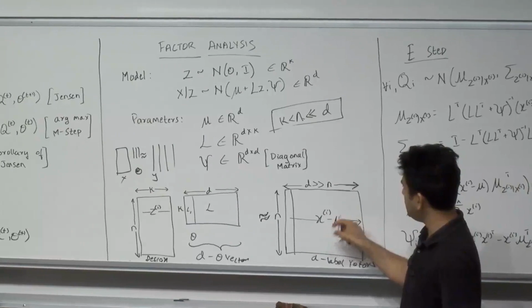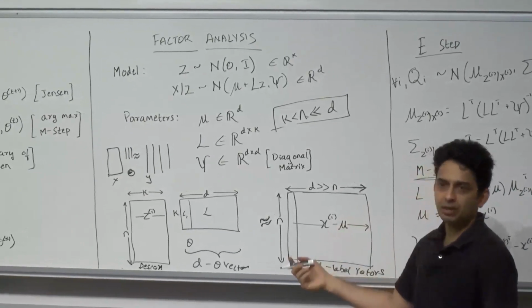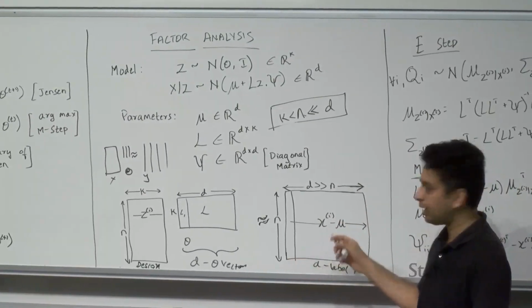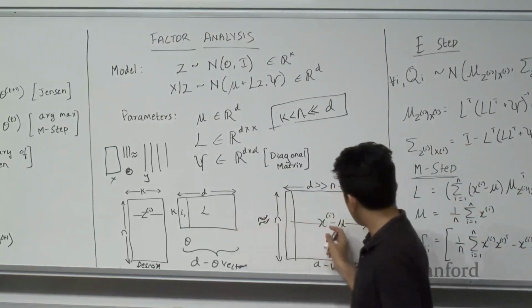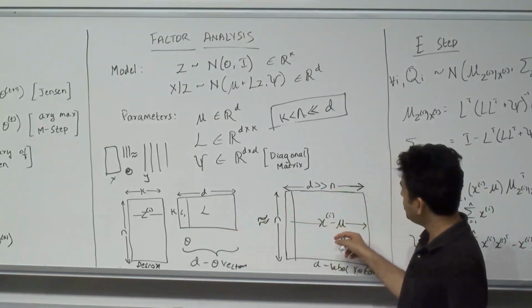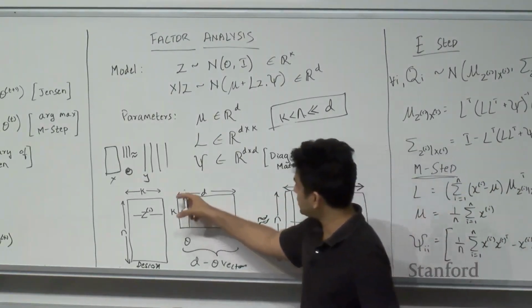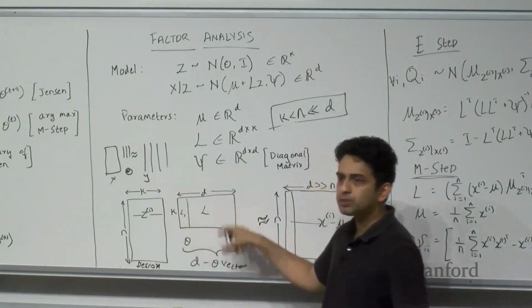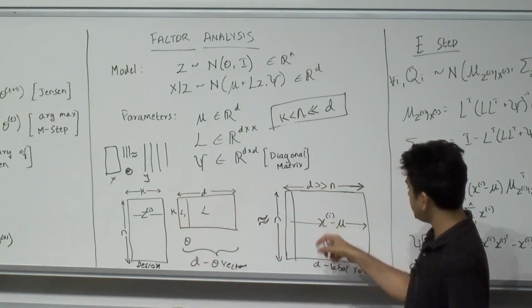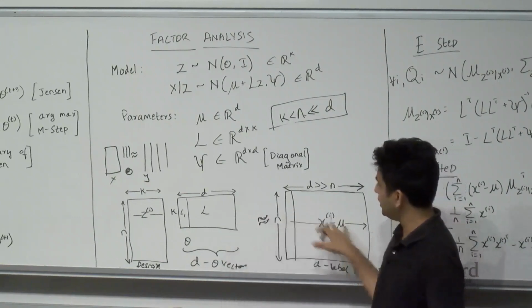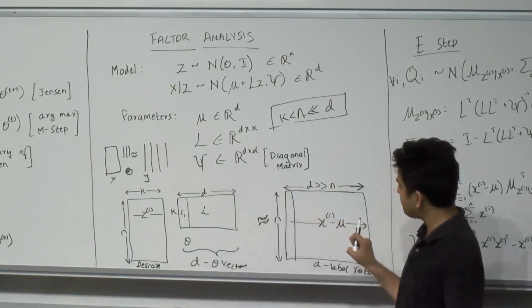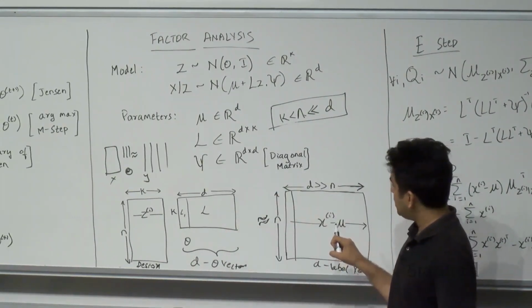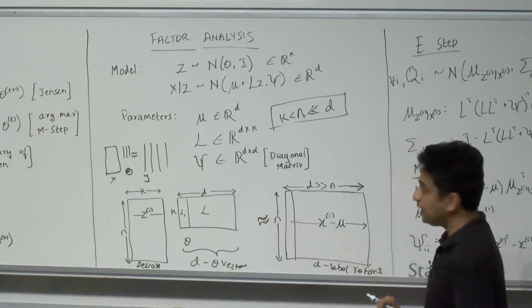You can think of mu as being the bias term, right? Each component of mu is a bias term you're adding to each of the d problems. And if you subtract the mean from x's, you get a setting that is like a linear regression problem.